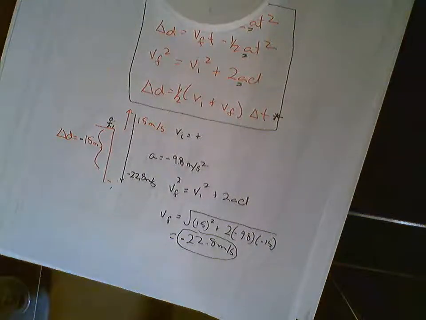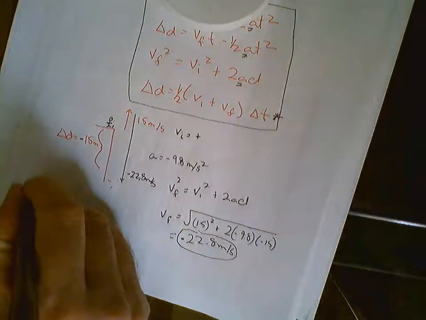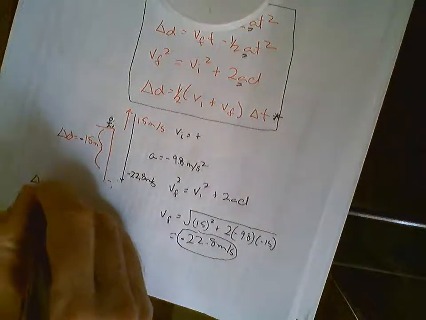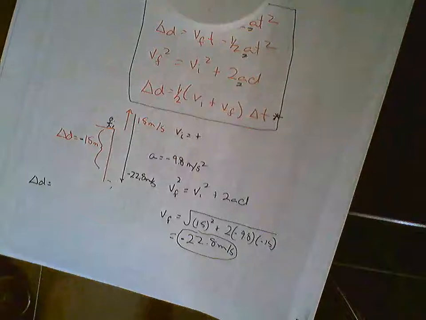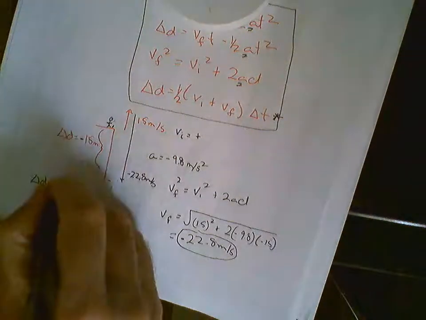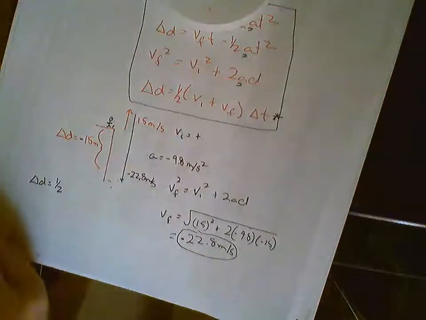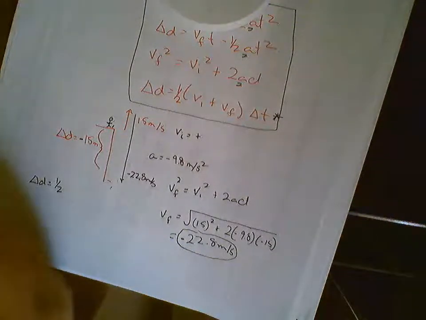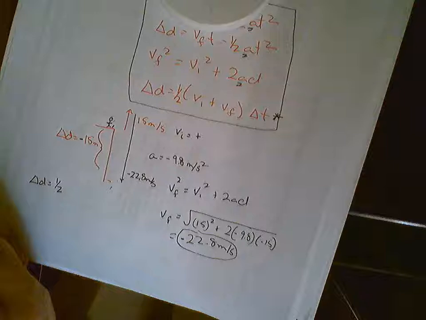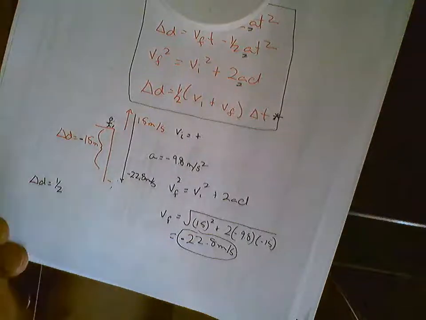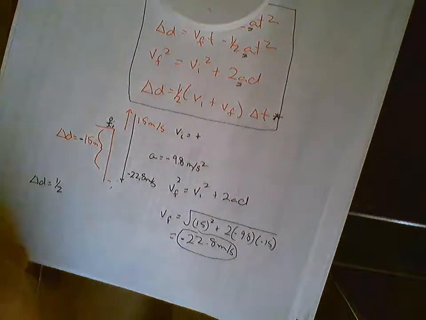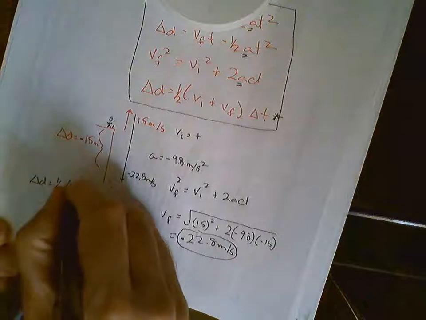So that's the first part of the question. The second part of the question is they ask you to find the time that this takes. So I'm going to set up a formula. I like to find my VI and VF so I don't have to mess around with the quadratic. The other thing you can do is there's quadratic calculators out there where you do a search for quadratic calculator, you put your A, B, and C in, and it'll give you the final answer, and you don't even have to do the quadratic.